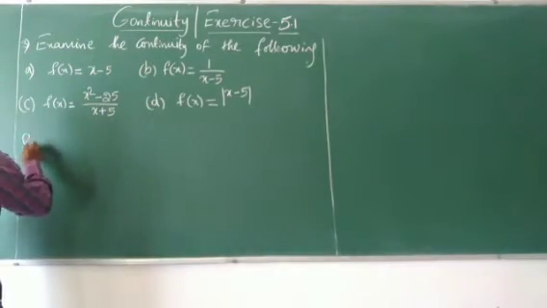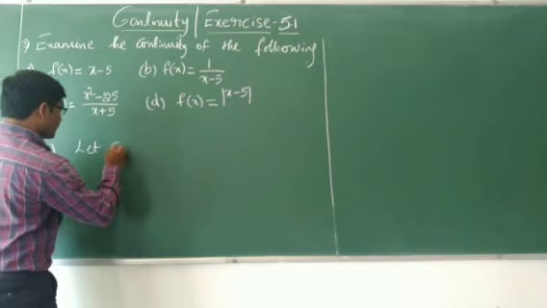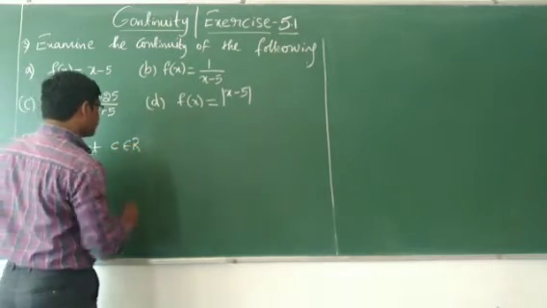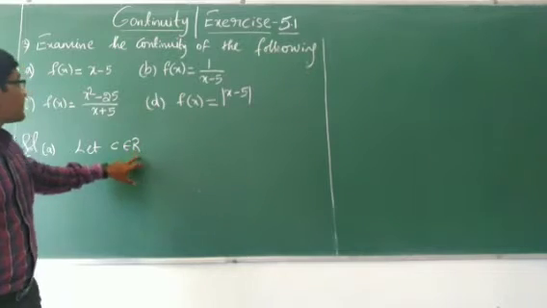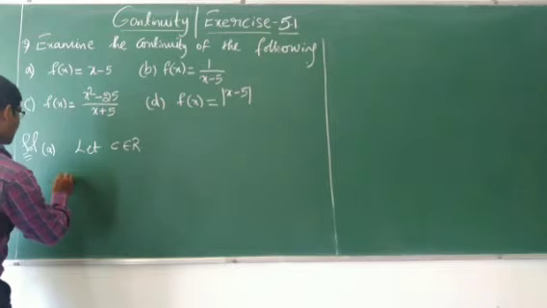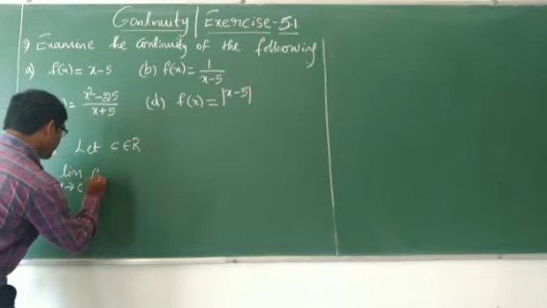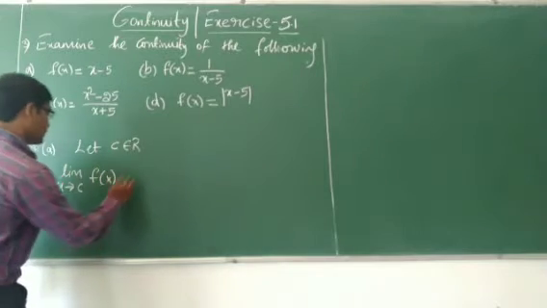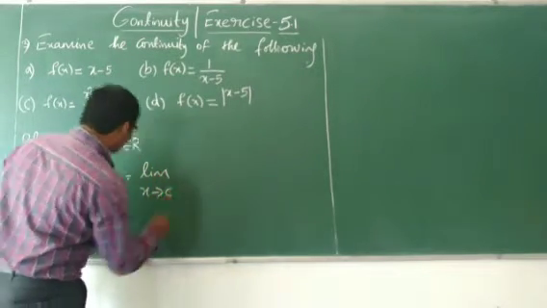So first question, solution of A. Let C belongs to R. Why we are considering R? Because R is the domain of this function. Now take limit x tends to C, f of x, which is equal to limit x approaches to C.